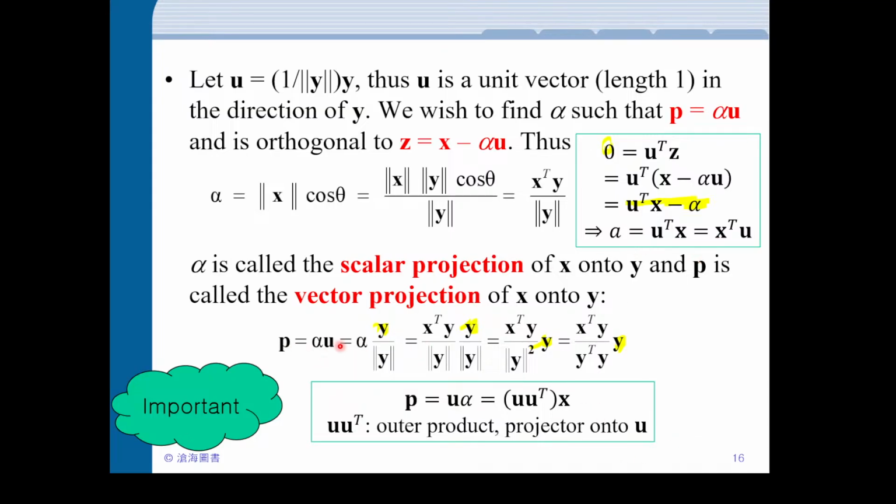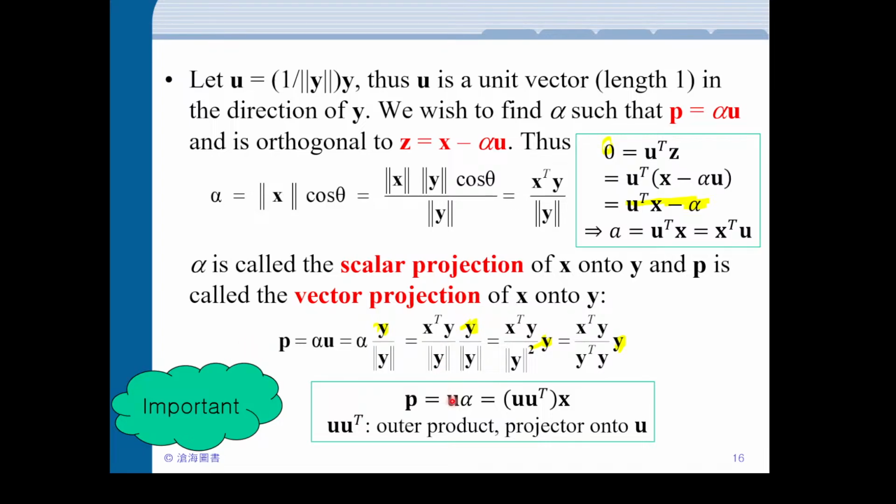So once again p is alpha u, and alpha is a scalar, so you can think about multiplying a scalar as a matrix multiplication with a 1 by 1 matrix, and you can put this 1 by 1 matrix after u. And so you can pick u^T x here.